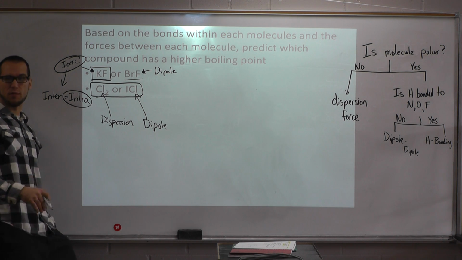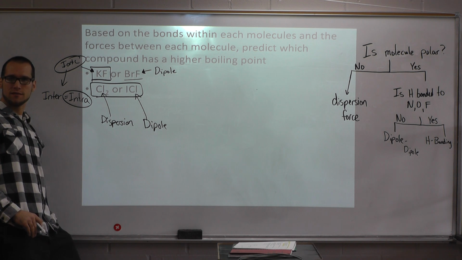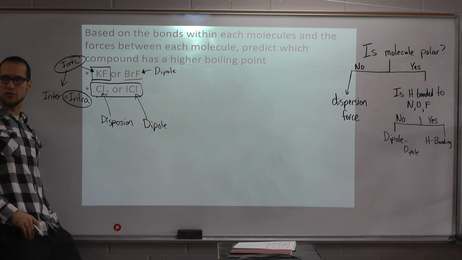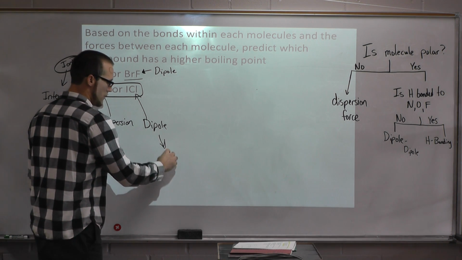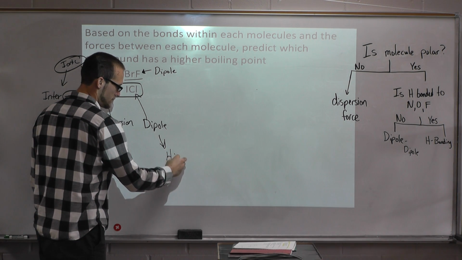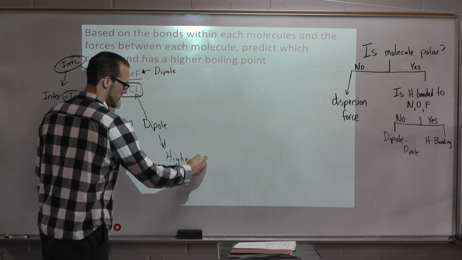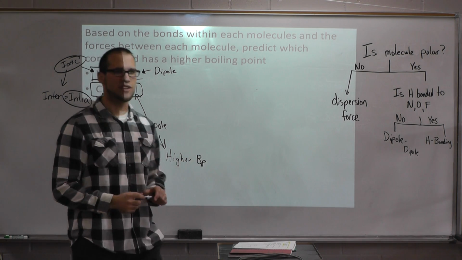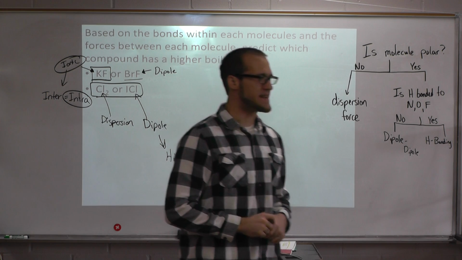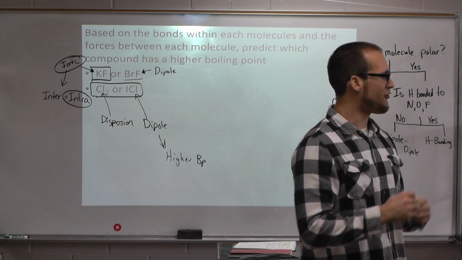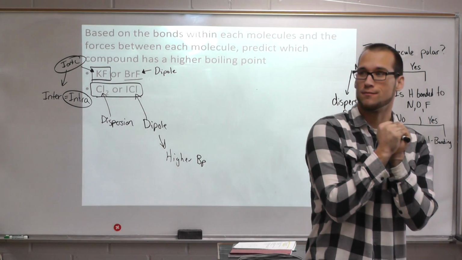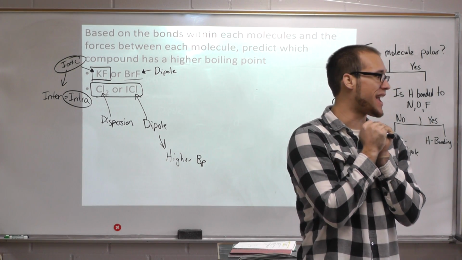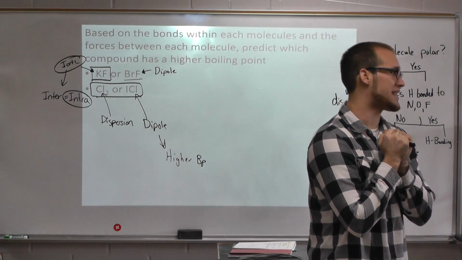Why is it harder to break apart? You're right. Why? Because it's more polar. It has a stronger intermolecular force. Yeah, absolutely. This is going to have the higher boiling point, because it's got a stronger force holding it together, and so it takes much more energy, a higher temperature, to break that bond.